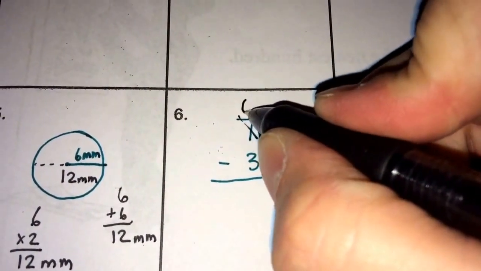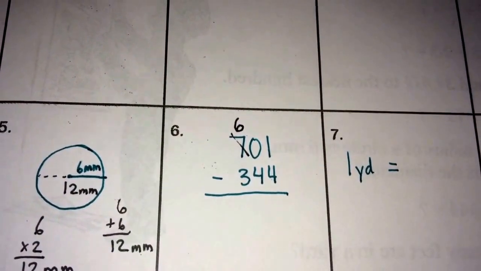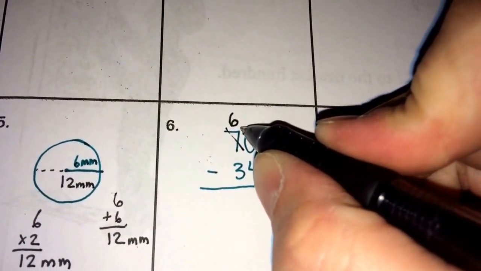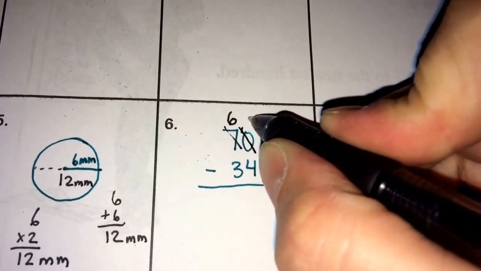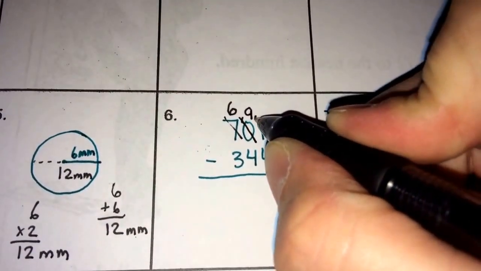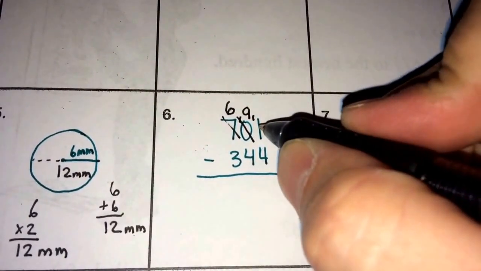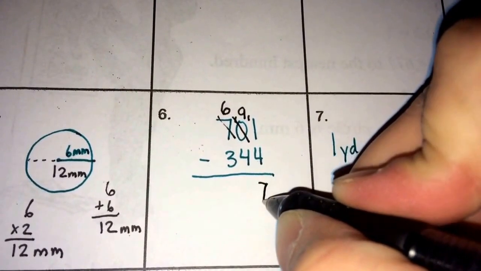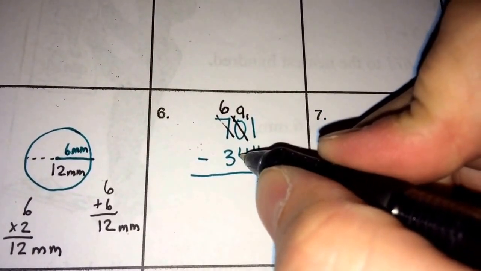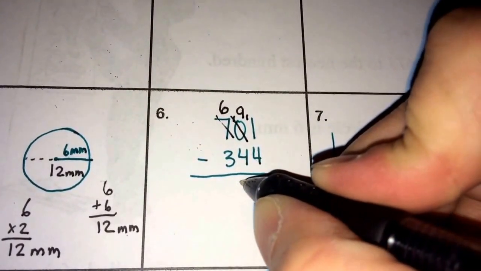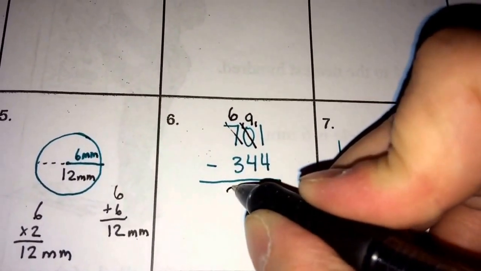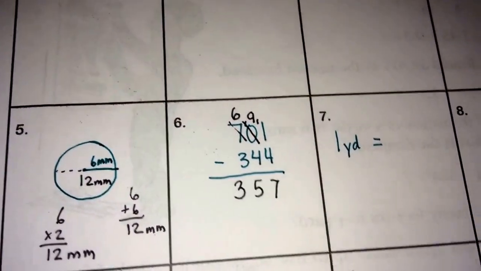That will become a 6 because I'm taking 100 away from that 7. I'm passing that down to this 0 to make it a 10. I still have a next door neighbor that needs to borrow, so I make that a 9 and make this an 11. Now, 11, 10, 9, 8, 7. 9, 8, 7, 6, 5. 6, 5, 4, 3. So I know that my answer is 357.